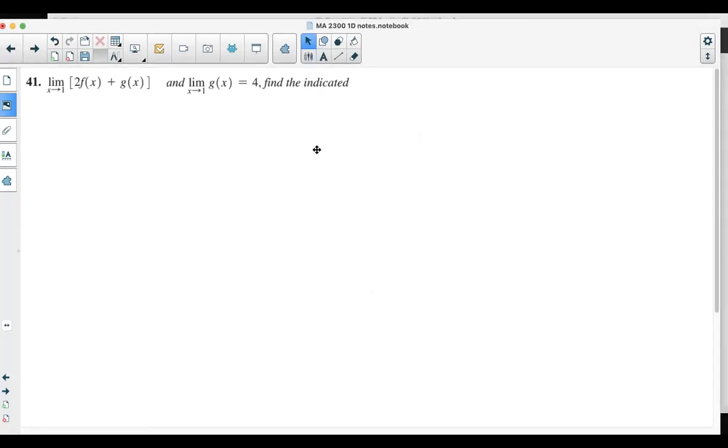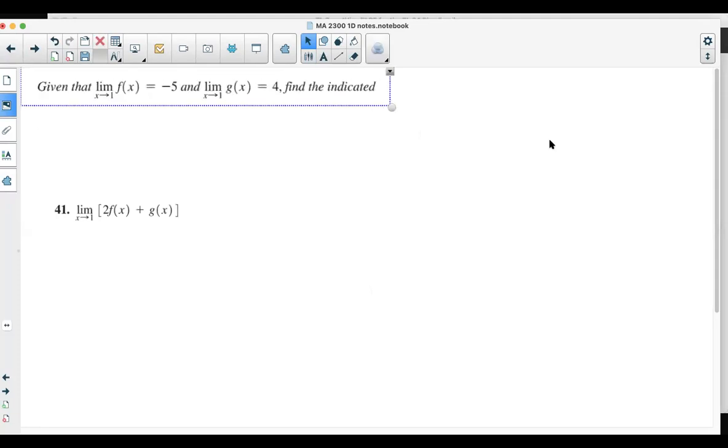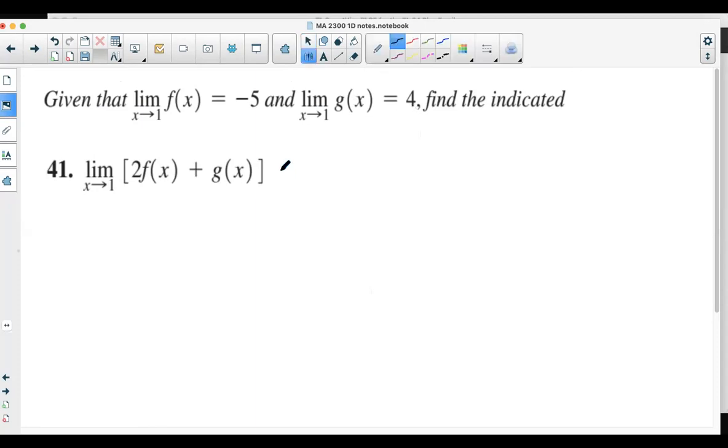So in this case, given that the limit of f of x as x approaches 1 is -5, and g of x is approaching 4, all you have to do is realize that this can be rewritten as the limit of 2 f of x as x approaches 1 plus the limit of g of x as x approaches 1.